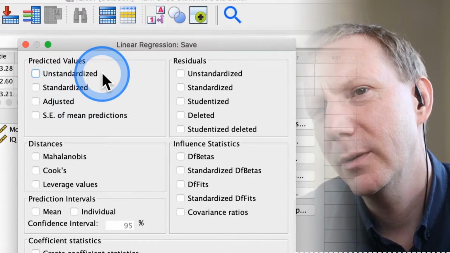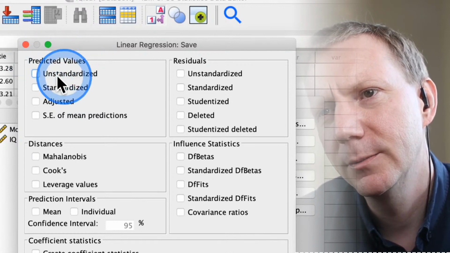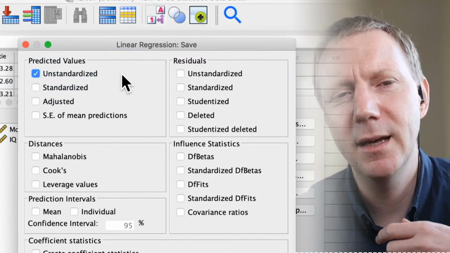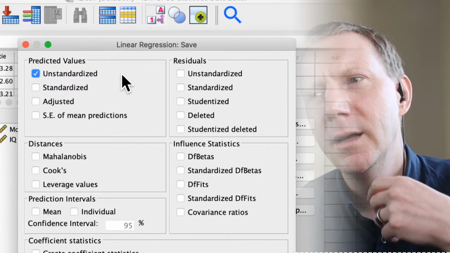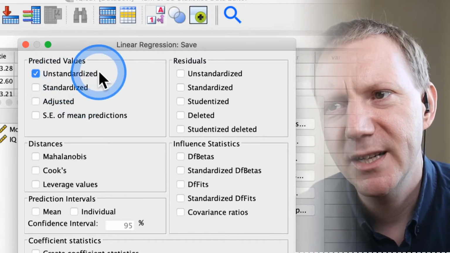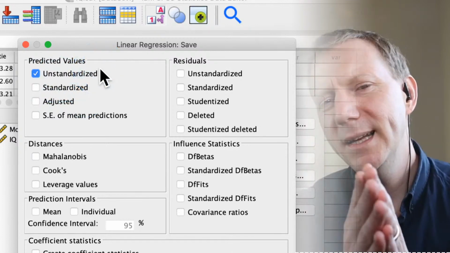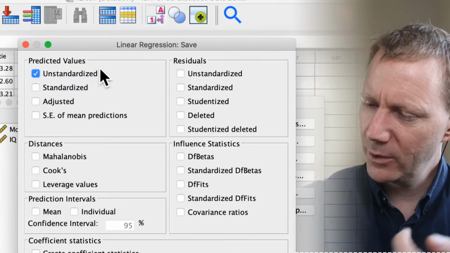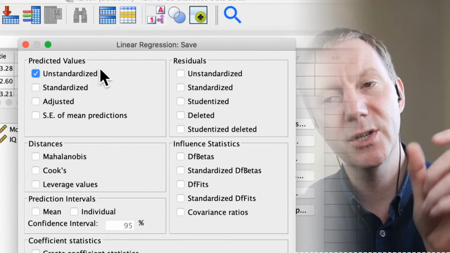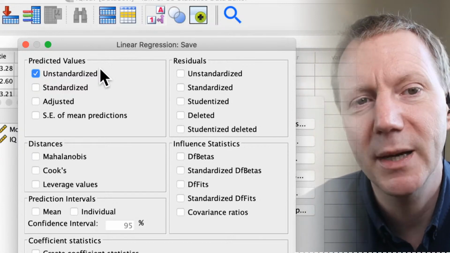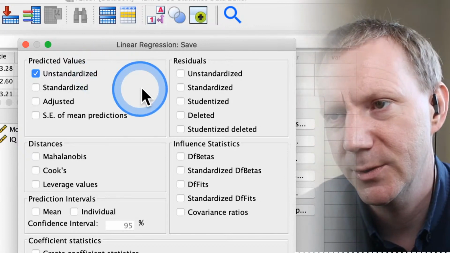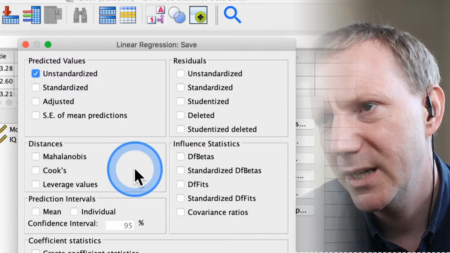For example, the predicted value unstandardized means that if you run this, SPSS will create a new column with the unstandardized predicted value. You don't really need it, but if you add it, you can see for each individual what is predicted for this person and what is his actual score. So it can sometimes be useful to look at what your model is predicting for your individuals.